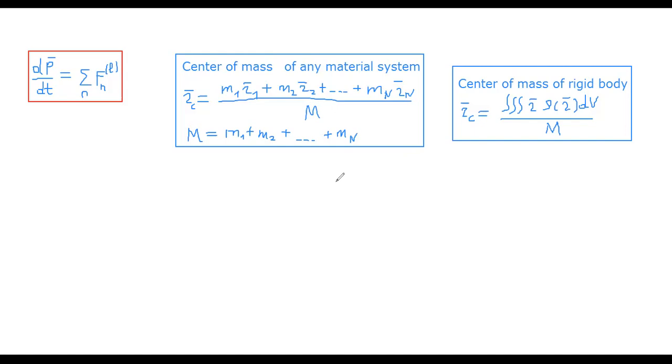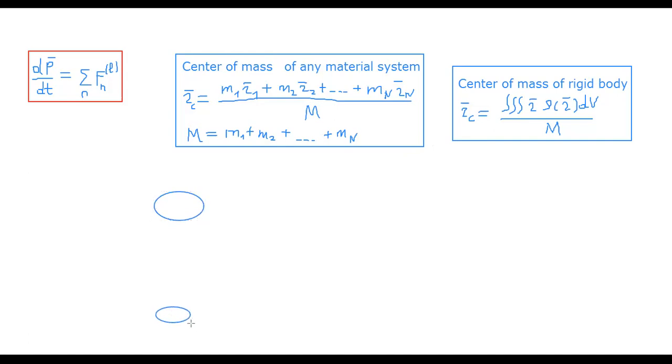If it has an axis of symmetry, the center of mass will be on this axis. And if a material system has a center of symmetry, the center of mass will be in this center.